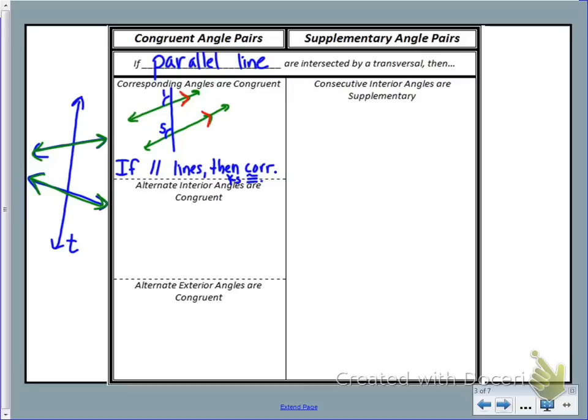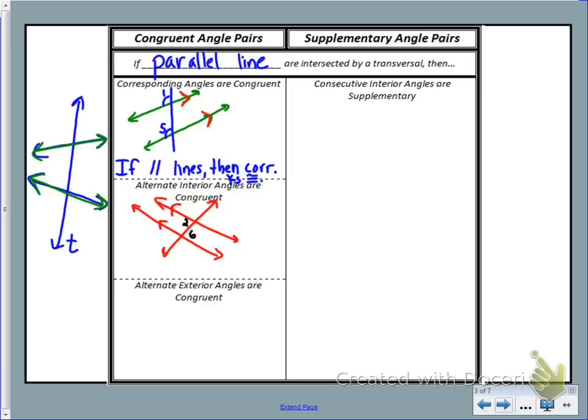Okay, let's consider alternate interior angles. I have one line, and then I have another line parallel to that. Those two are marked as being parallel. Here's my transversal. So what do we know about alternate interior angles? Here's one particular pair of alternate interior angles, 2 and 6.